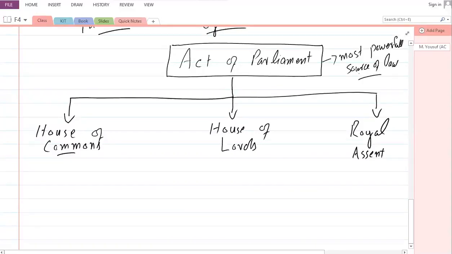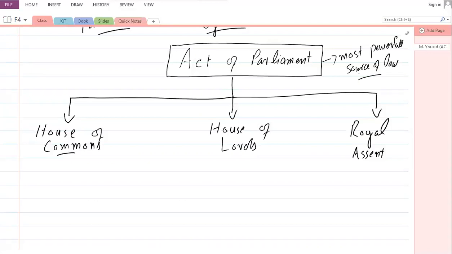For example, the parliament in Singapore imposed certain obligations, such as that bubble gum will not be produced in Singapore. If a parliament wants society to obey certain laws, it can establish any type of law. So parliament is the most powerful source of law, and in the UK, parliament consists of House of Commons, House of Lords, and the last stage is royal assent.